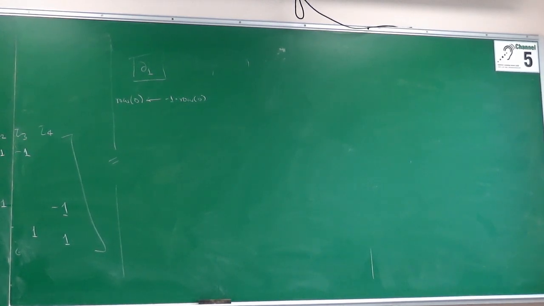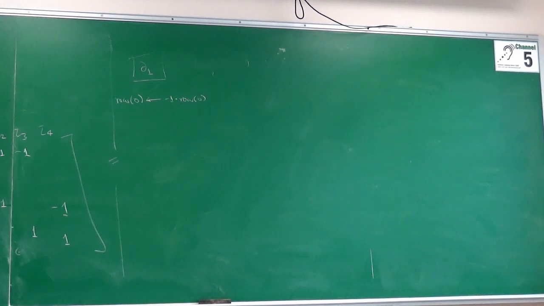Once I do that, once I turn this guy into a 1, this guy into a 1, and this guy into a 1, I'm going to use column operations to zero out these two guys.